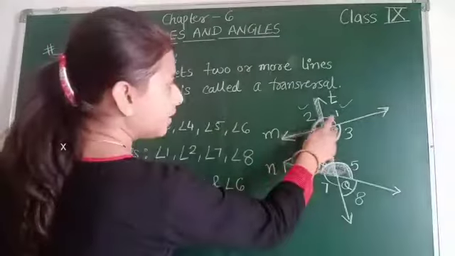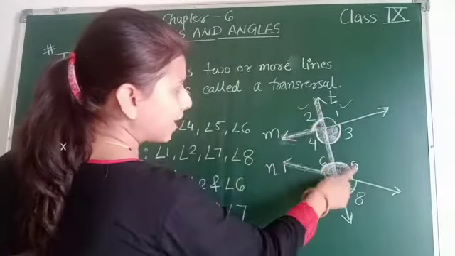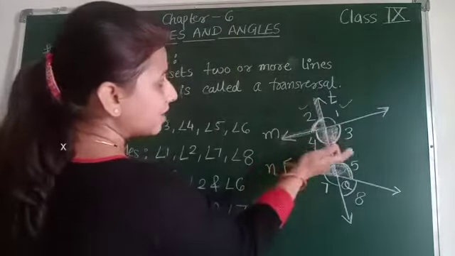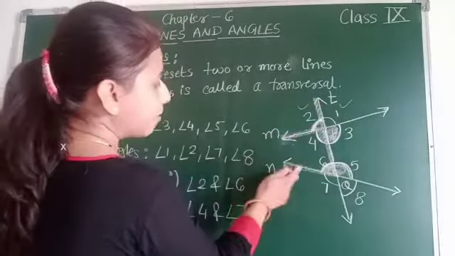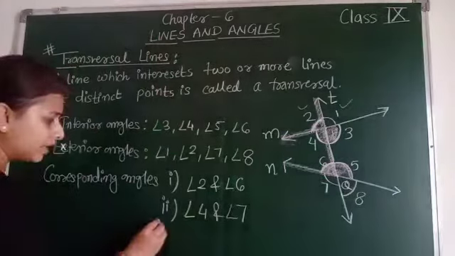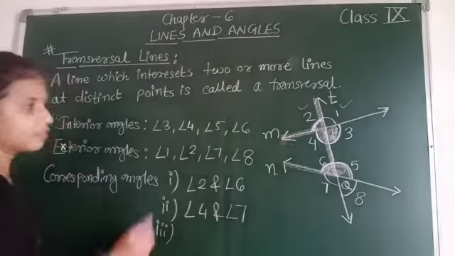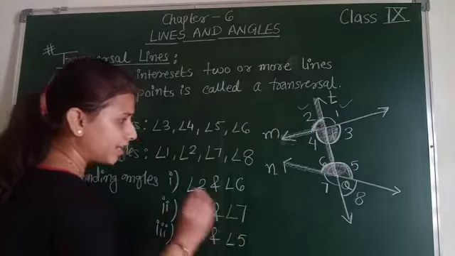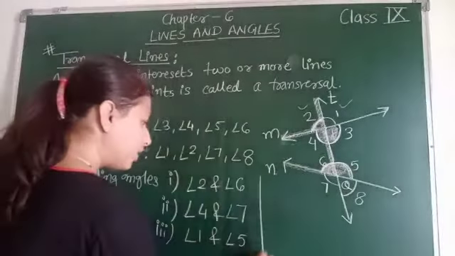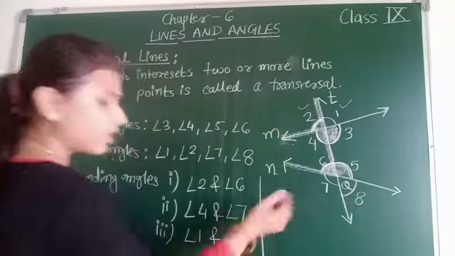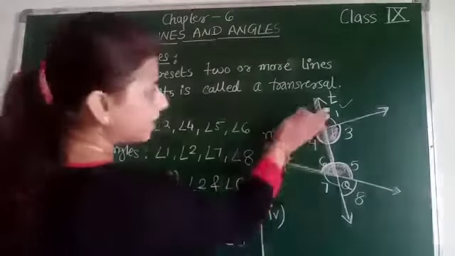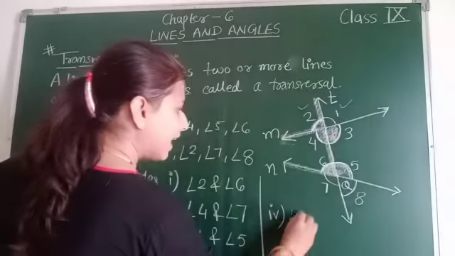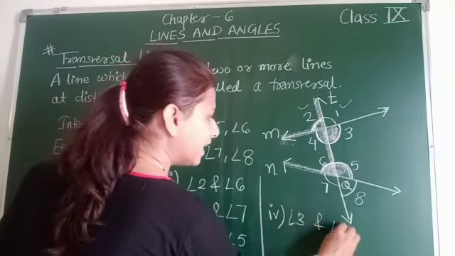Here you can see angle 1, angle 5, both the angles are on the right hand side and both the angles are just upward of this line M and line N. So your third pair of corresponding angles will be angle 1 and angle 5. And what will be the fourth pair of corresponding angles? Just downward of this line M and line N, which are angle 3 and angle 8.